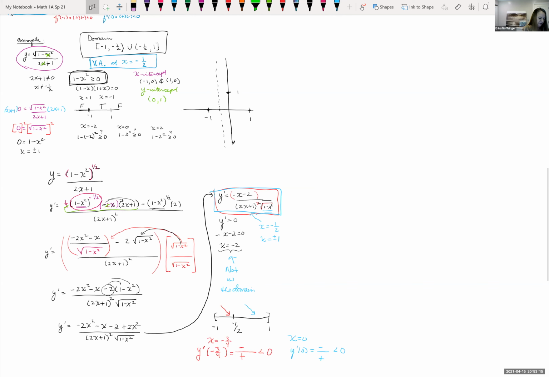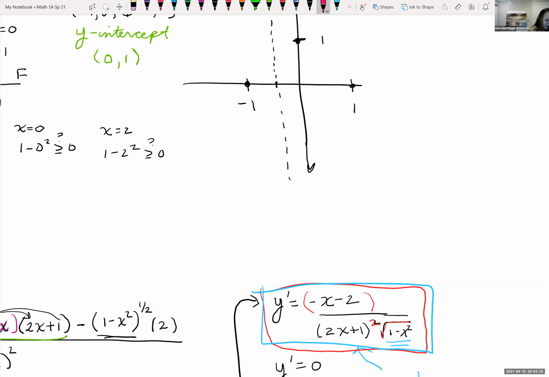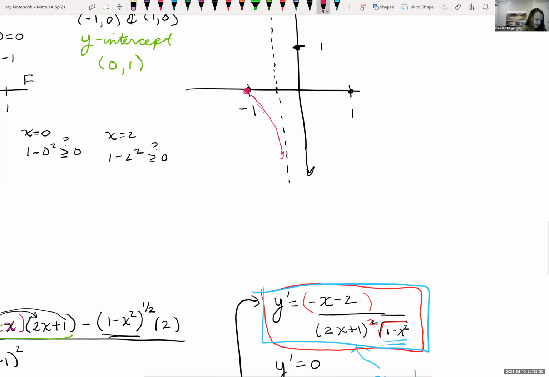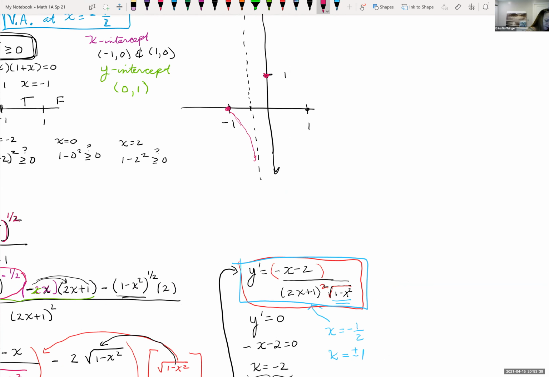Okay. So I'm just going to show us what we have so far. So it's decreasing, and we have a point at -1, 0. So it's decreasing from -1, 0. And so it's going to be coming down here. My guess is that this is going to be a concave down piece. And then we also have that it's decreasing, and it's going through this point, and it's stopping here.